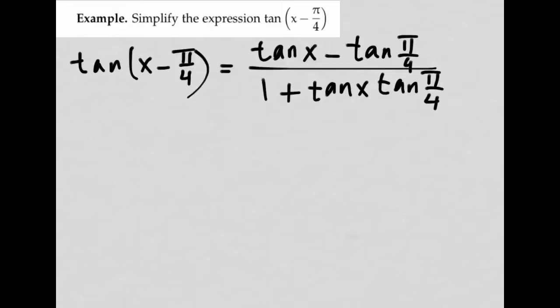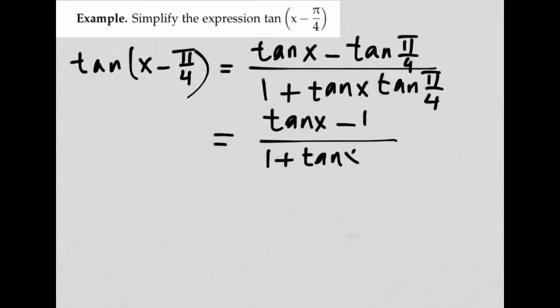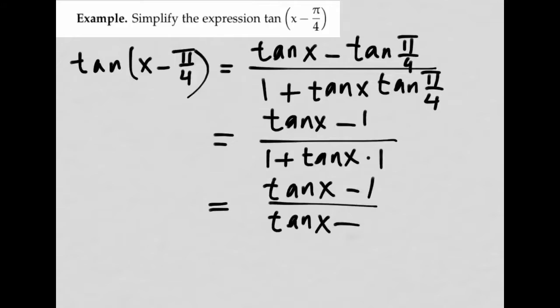Recall that tangent pi over 4 is 1, so we have tan x minus 1 over 1 plus tan x times 1. And the final answer is tan x minus 1 over tan x plus 1. So this is a simple application of the difference formula for the tangent function.